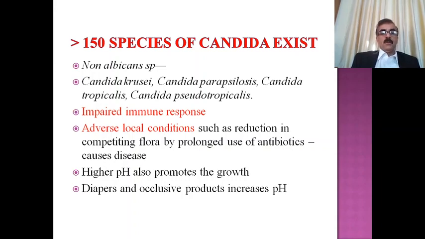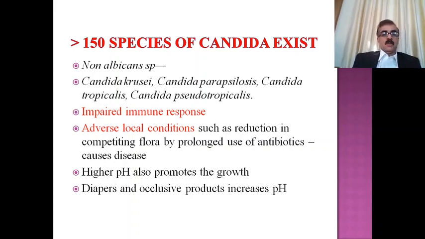Then how do these Candida species cause disease? If an individual has impaired immune response, that means if a patient is immunocompromised, then they are predisposed to Candida. And when adverse local conditions are in favor of candidiasis, such as reduction in competing flora on the skin by prolonged use of broad spectrum antibiotics, then there is overgrowth of candidal fungus, causing candidiasis.